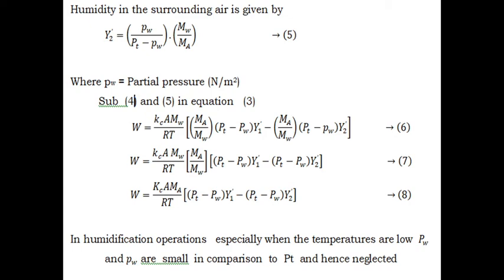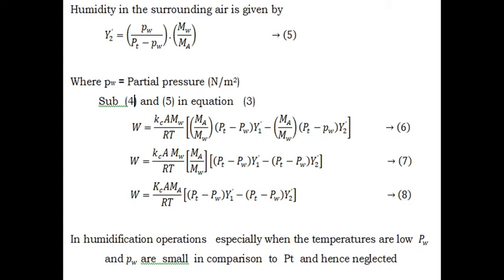From equation 4, capital Pw is equal to Ma by Mw into Pt minus Pw into Y1 dash. Small pw from equation 5 is Ma by Mw into Pt minus pw into Y2 dash. Are you clear or not? Okay. So this is equation number 6.